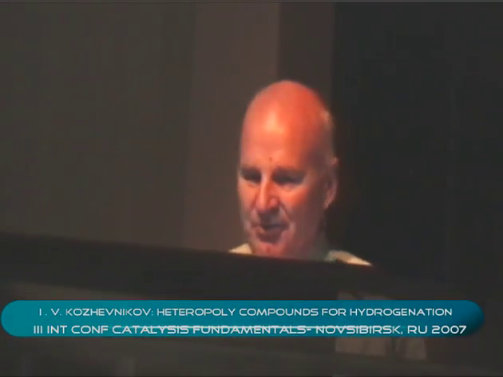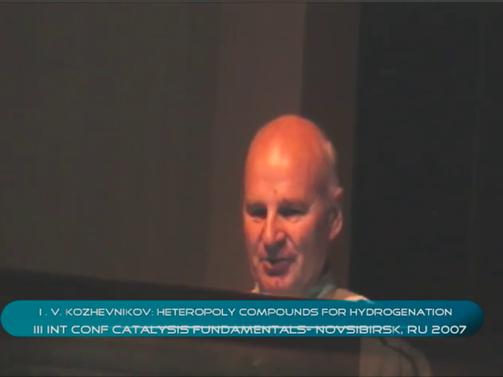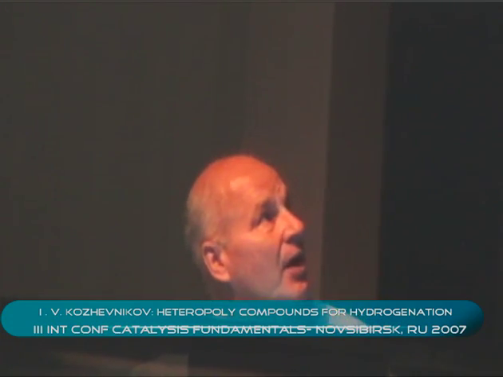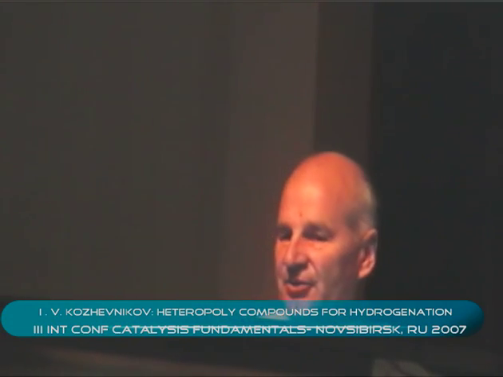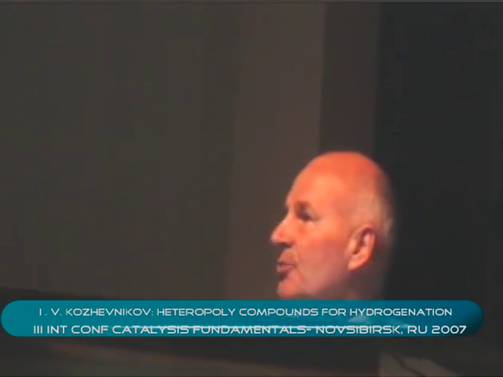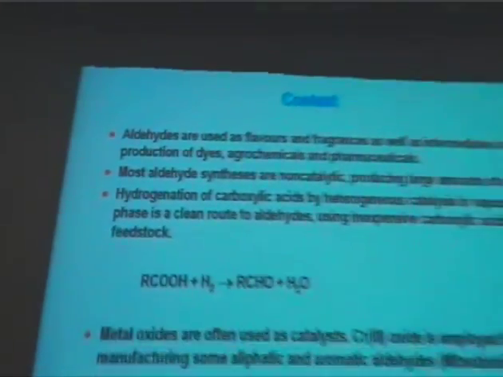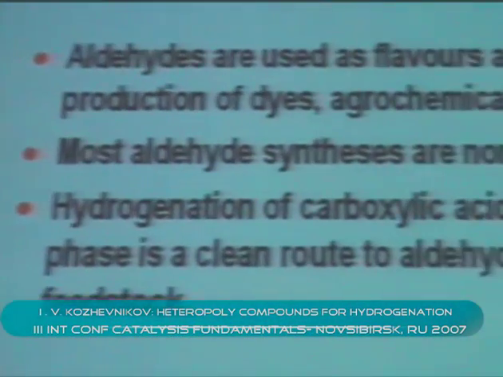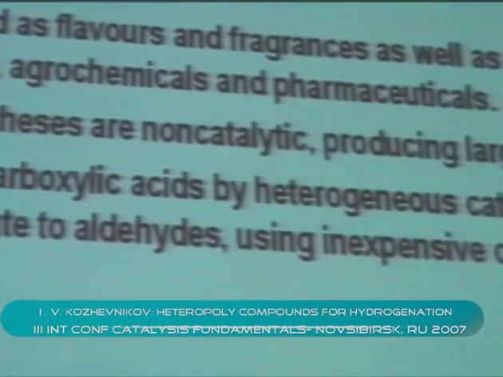I'm going to talk about hydrogenation of carboxylic acid to aldehydes. Aldehydes are used as flavors and fragrances as well as intermediates in production of dyes, other chemicals, and pharmaceuticals. Most aldehyde syntheses, however, are non-catalytic, producing large amounts of waste.